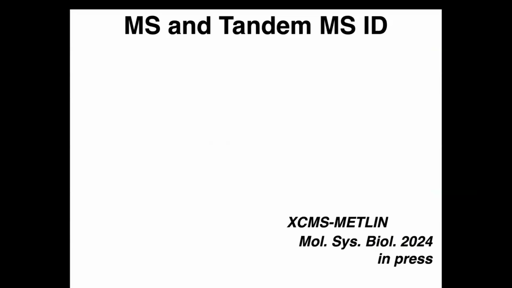Okay, what I'm going to show you right now is unpublished data, and it's the last part of my presentation before we go into Mike Kersey's approach. We've recently integrated XCMS and Metlin. And one of the questions we wanted to ask is, how specific can we be with respect to doing these identifications?